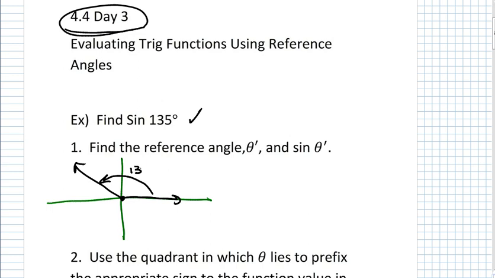This is 135 degrees. So the reference angle, if this is 180 right here, is 180 minus 135, which is 45 degrees. So this little angle here is 45 degrees. That's the reference angle.